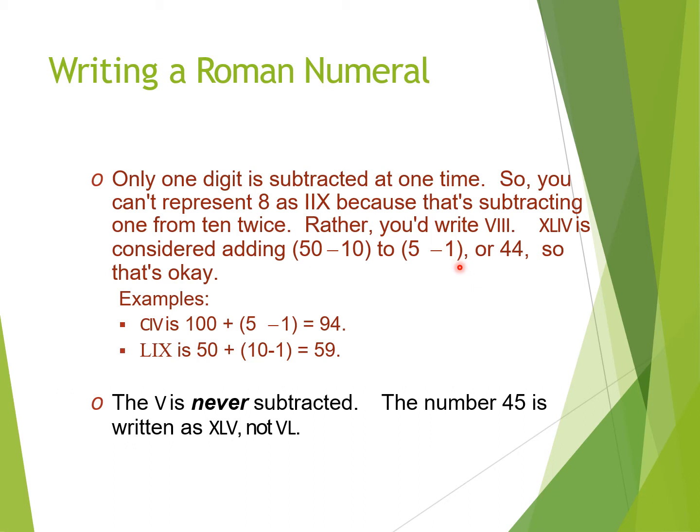Examples: XCIV is 100 minus 10 plus 5 minus 1, which is equal to 94. LIX is 50 plus 10 minus 1, which is equal to 59. The V is never subtracted. The number 45 is written as XLV, not VL.